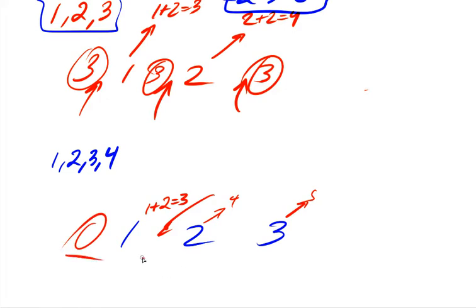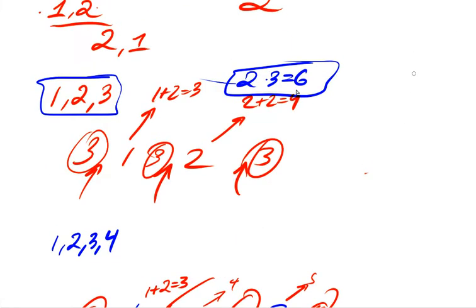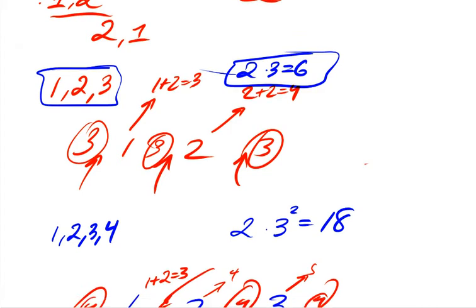So 4 can be inserted in any 3 of these slots. So for every permutation of 1, 2, and 3, we can insert 4 in 3 ways. This gives us 18 ways so far.